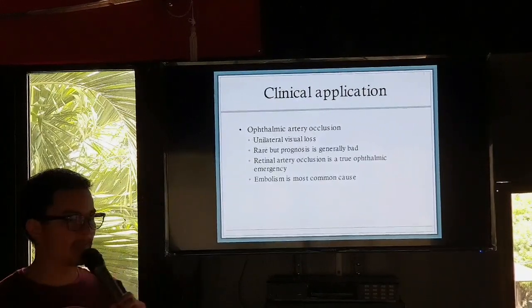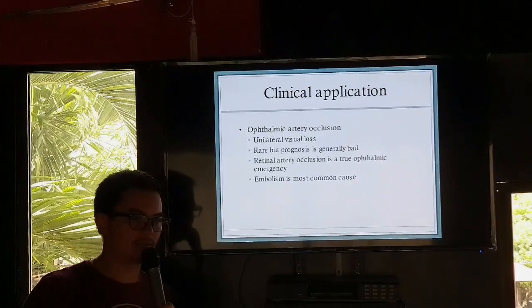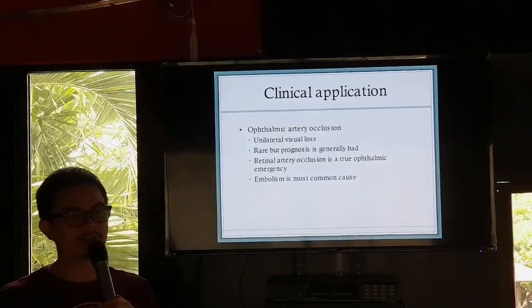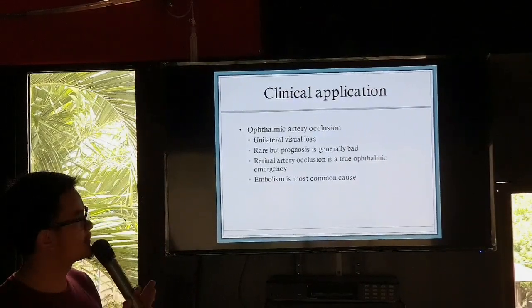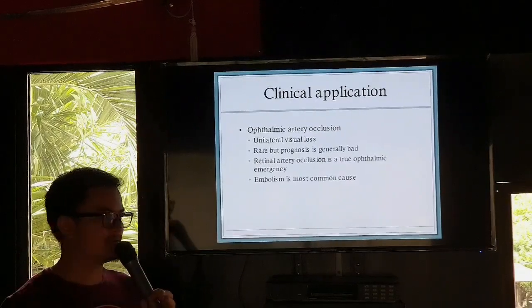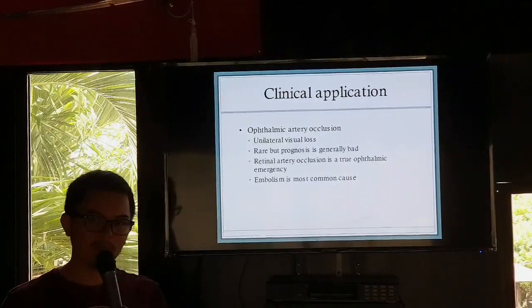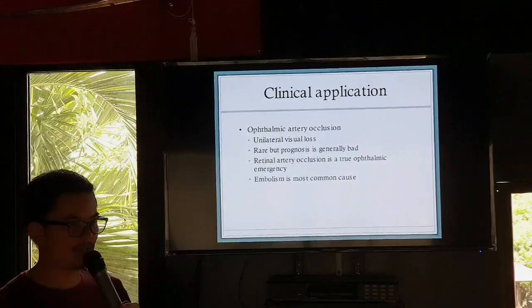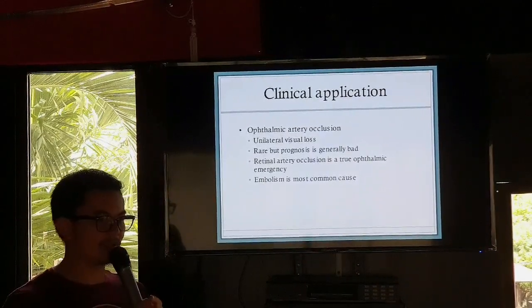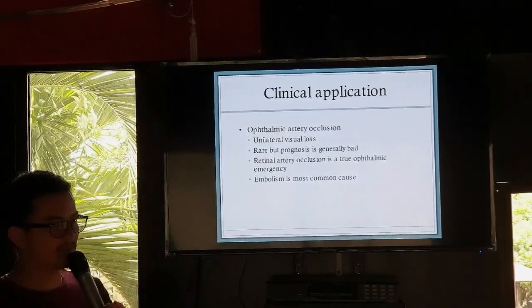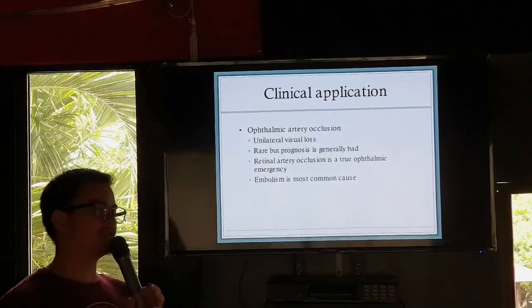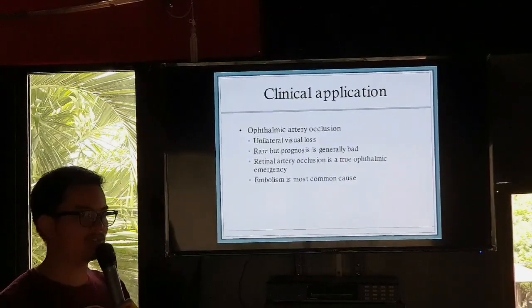So sometimes, as an ENT, we actually encounter this in practice. We have some patients with AVM, or arteriovenous malformations in the head and neck, and sometimes we refer them to interventional radiology for embolization.